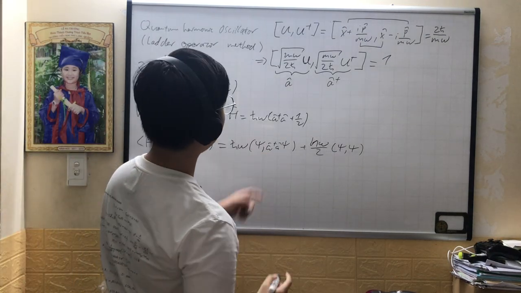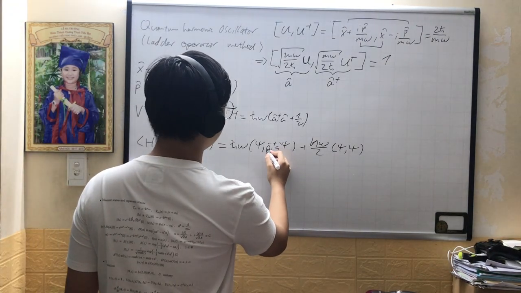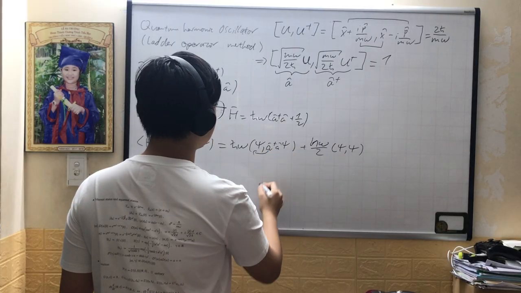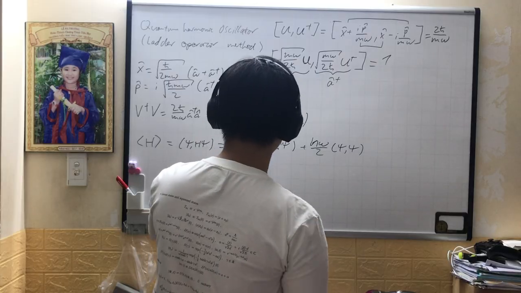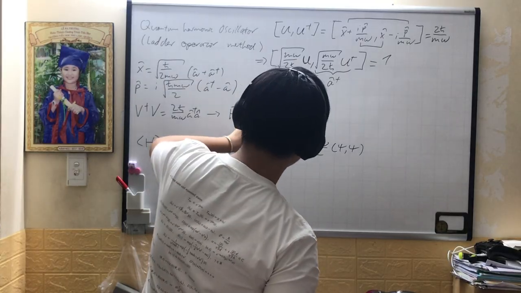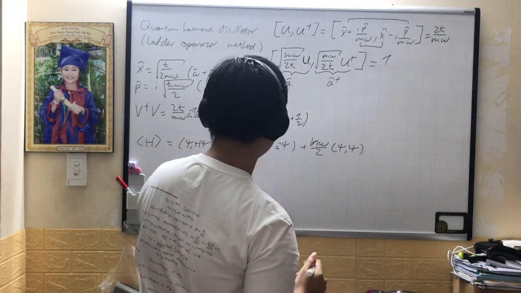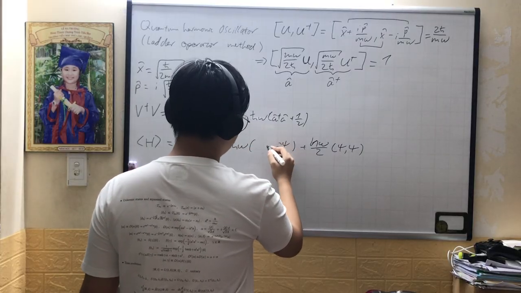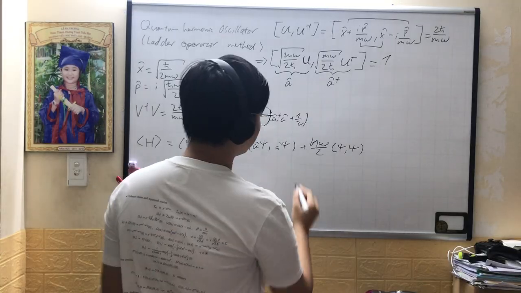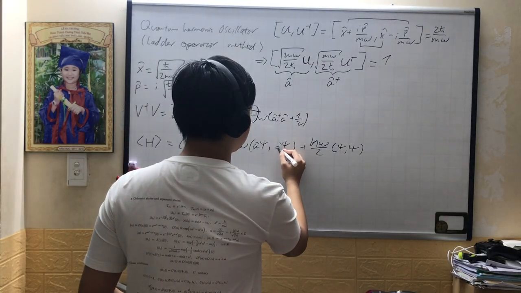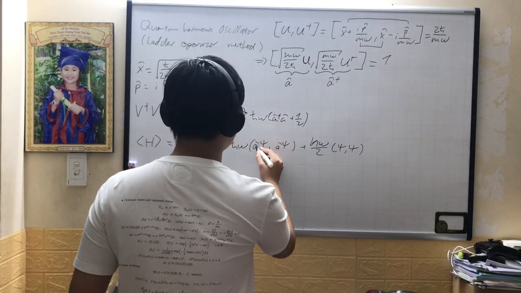See, a dagger here can be moved over here to yield you an a hat, since this side is the complex conjugate of the ket side. So when you move your a dagger over to the bra side, that would turn into an a hat.